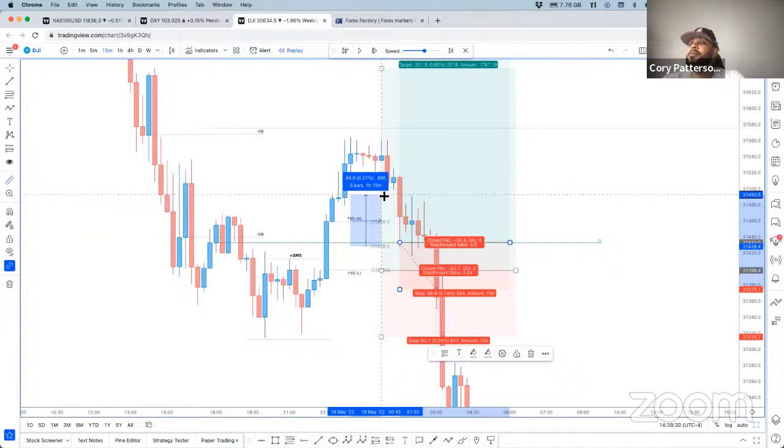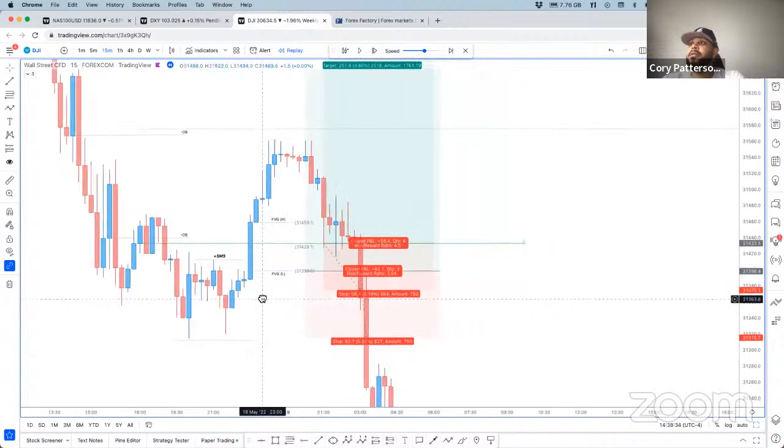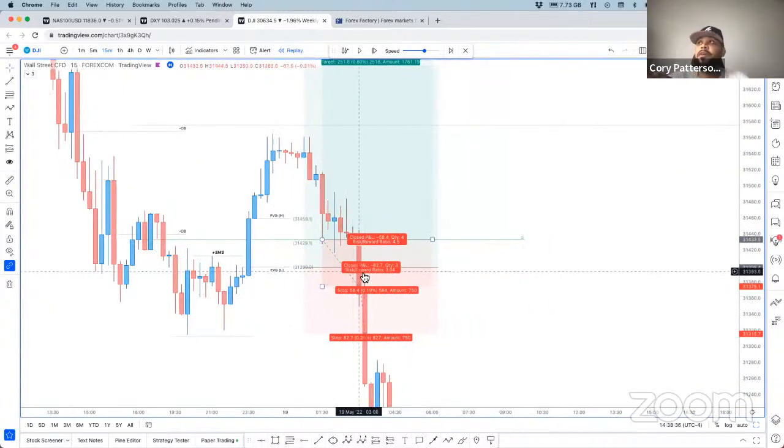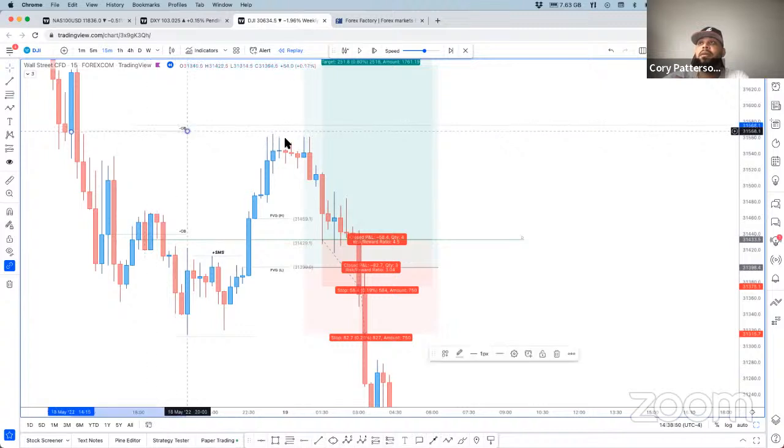Not even 100 pips, right? That's okay. So in this case, it would have failed, and that's good to see, because in this case, we got our shift in market structure, we got our imbalance, and we pushed up until we got to this order block right here, over here, and we failed.